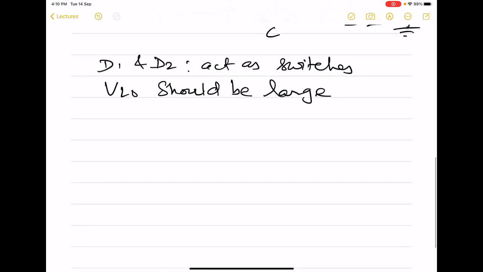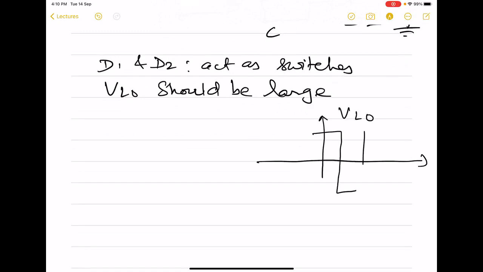In fact, we are going to take a square wave for VLO, like this. And VRF, as usual, is going to be a sinusoidal signal.